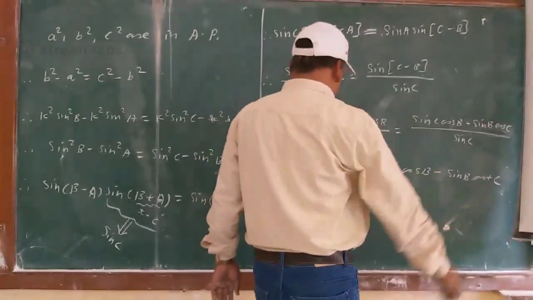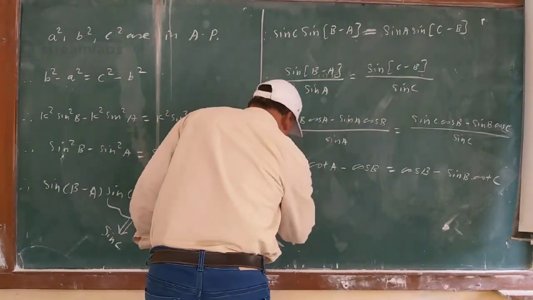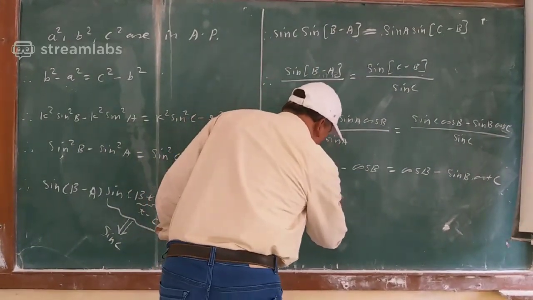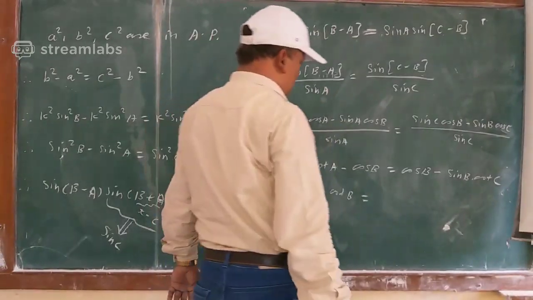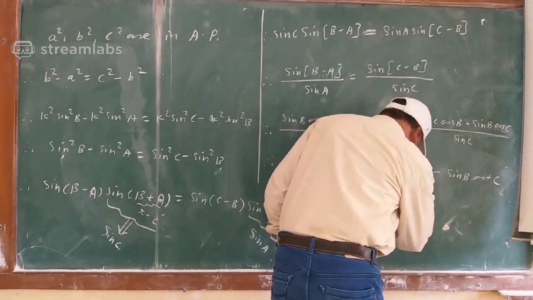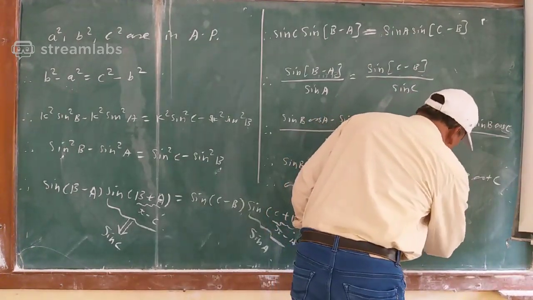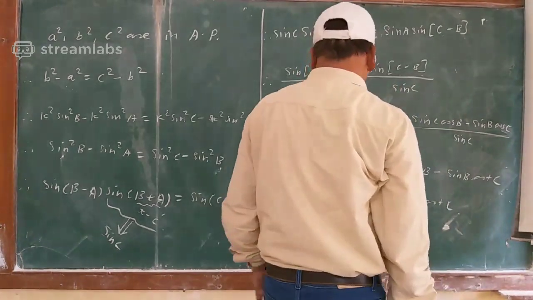Now divide each term by sin B. Therefore, cot of A minus cot of B equals cot of B minus cot of C, and do a sign change.